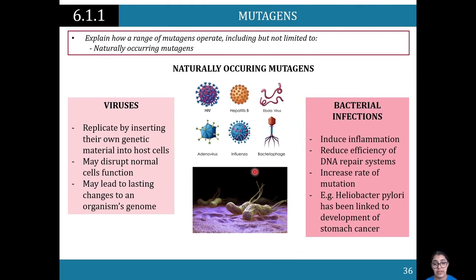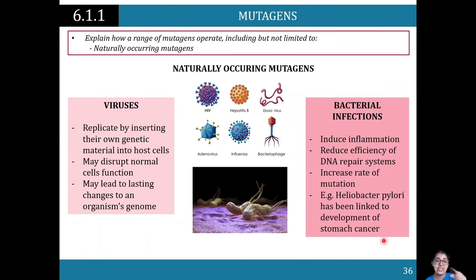And bacterial infections induce inflammation, and that reduces the efficiency of our DNA repair systems. It also leads to an increase in mutations. A good example is Helicobacter pylori, a bacteria that has been linked to the development of stomach cancer.